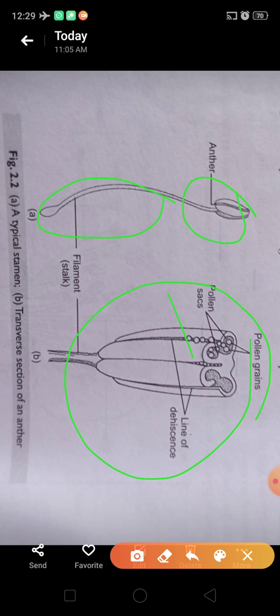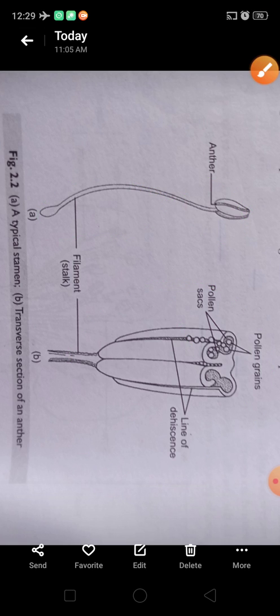It has an anther, and in the anther there are pollen sacs. The pollen sac contains pollen grains, and pollen grains contain the male gametes. Clear about this? So this is about the male reproductive unit.